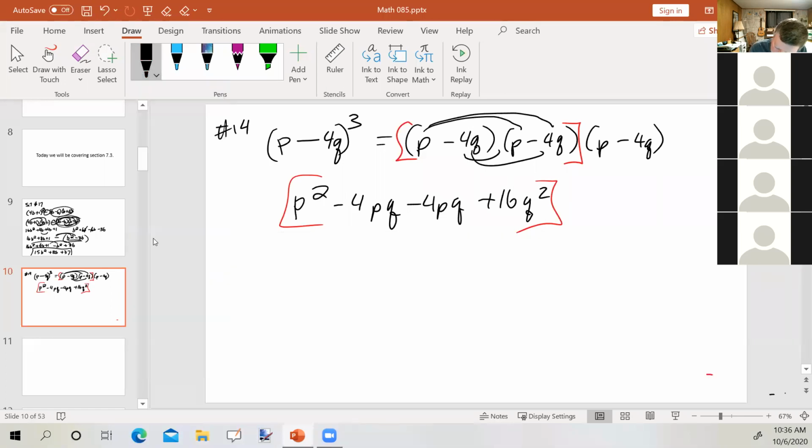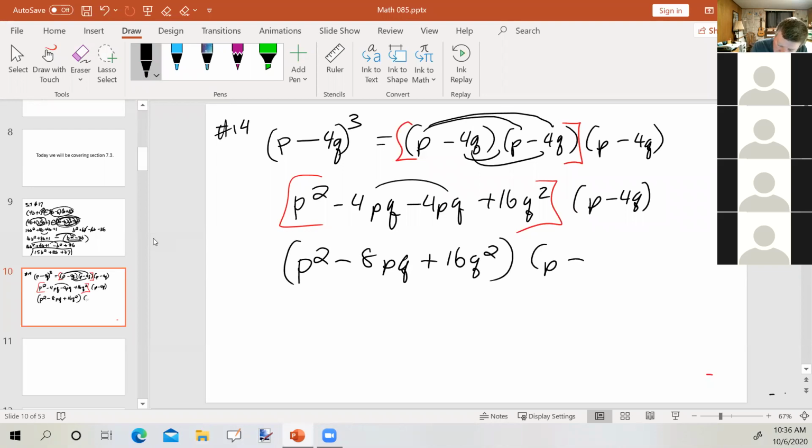And all of that is times p minus 4q. But then we're going to take what's in the red brackets and combine like terms, and we get p squared minus 8pq plus 16q squared times the quantity p minus 4q. Any questions so far?